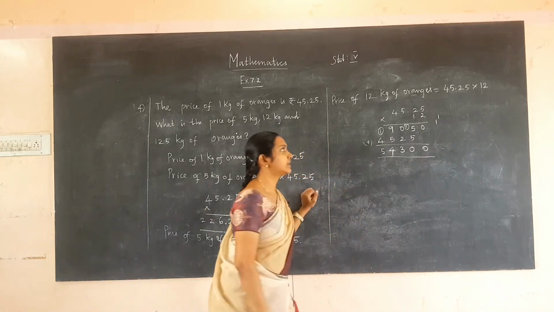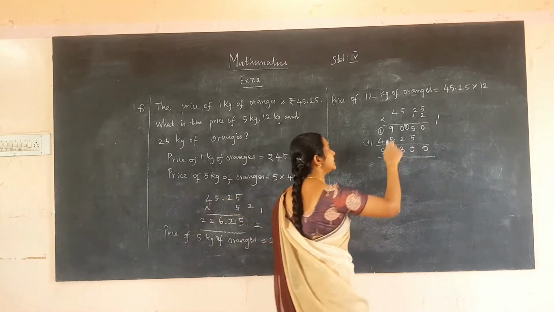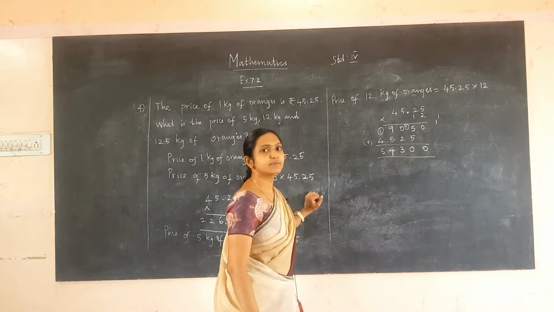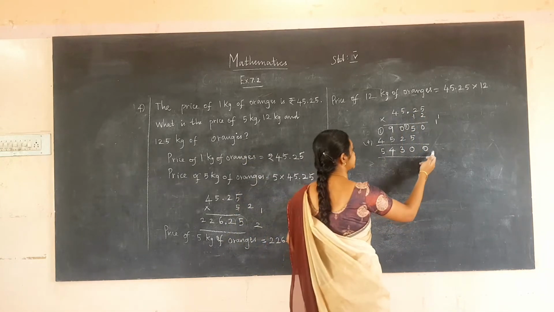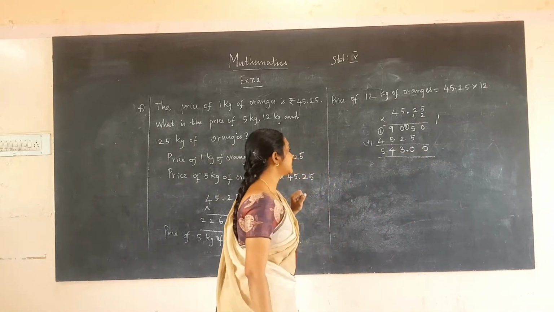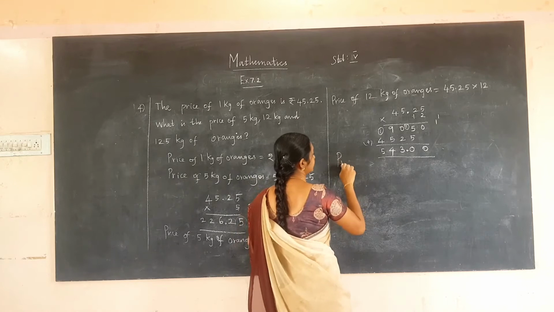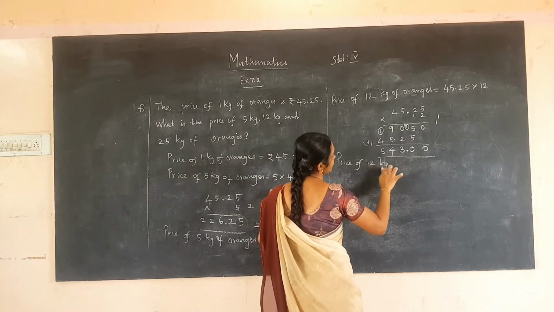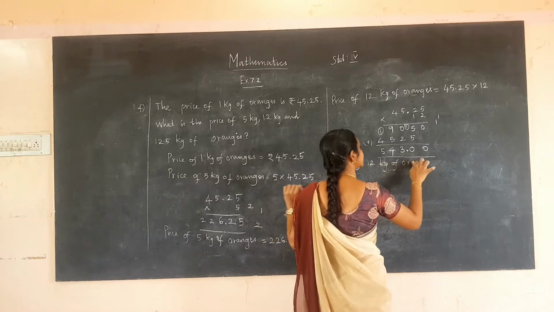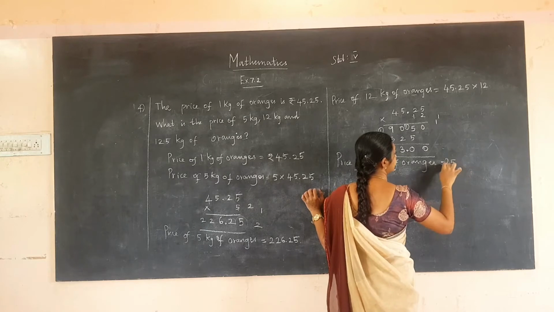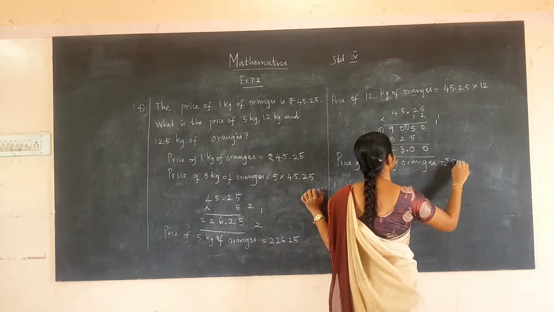Now we have to keep the decimal point. Here the decimal point is before two places, so we also must keep decimal point before two places. So the price of 12 kg of orange is equal to rupees 543.00.